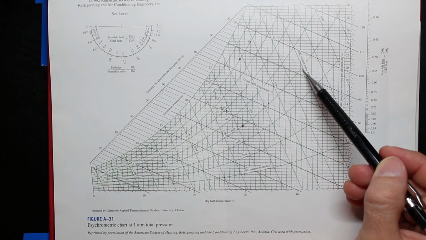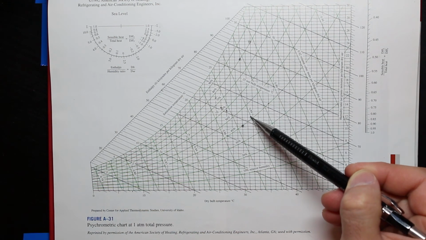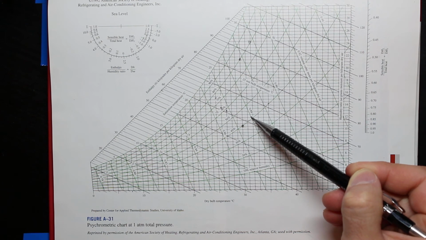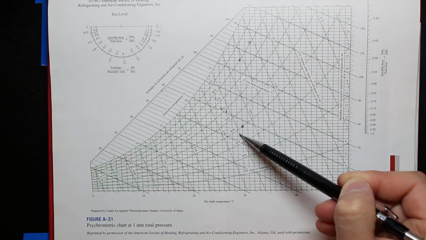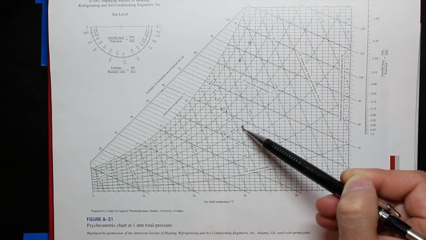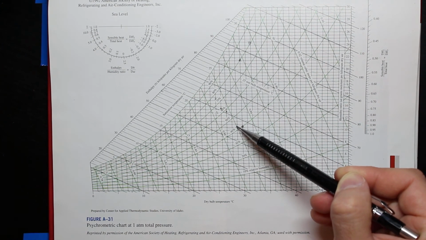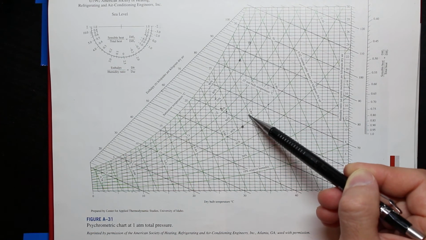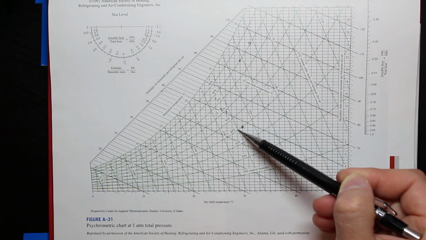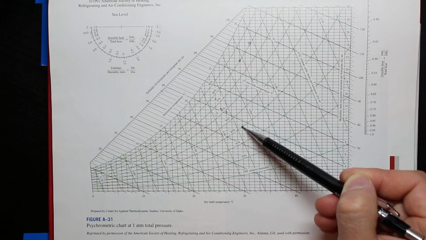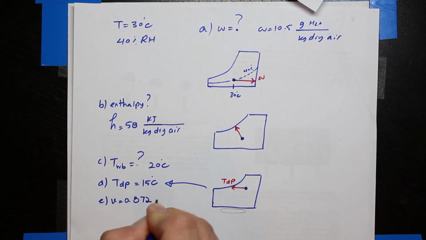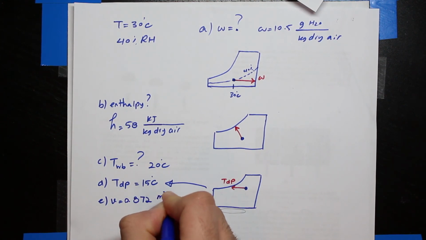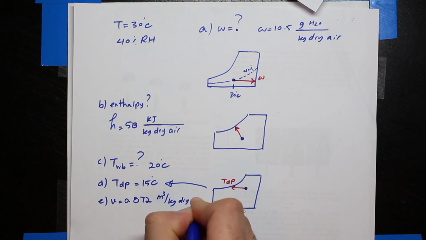So this is 0.92, 0.9, 0.88. The next one is 0.86 and this is 0.87. I'm pointing at the solid green line. So we are between 0.87 and 0.88, but we are closer to the 0.87 line. So I would say our V, or specific volume, is 0.872 meter cubed per kilogram dry air.